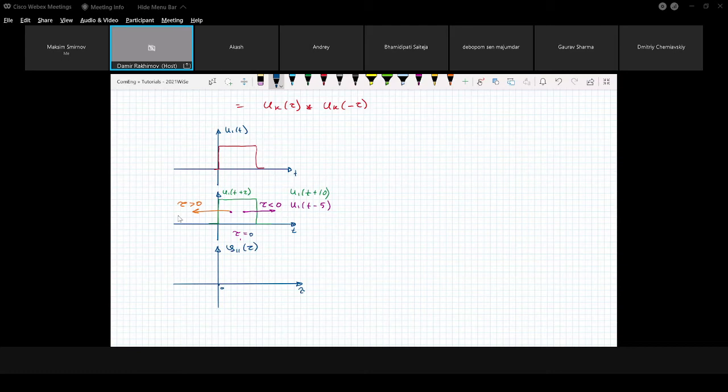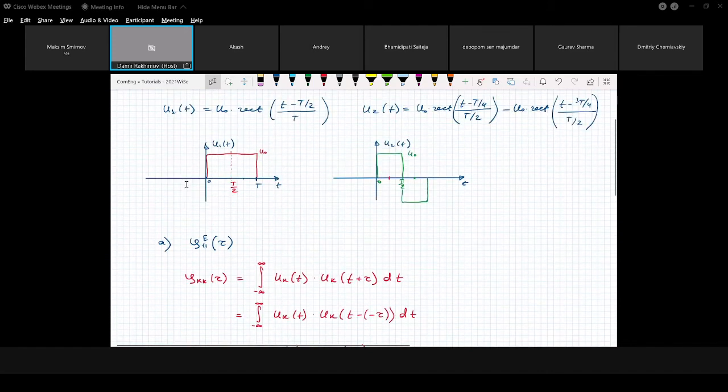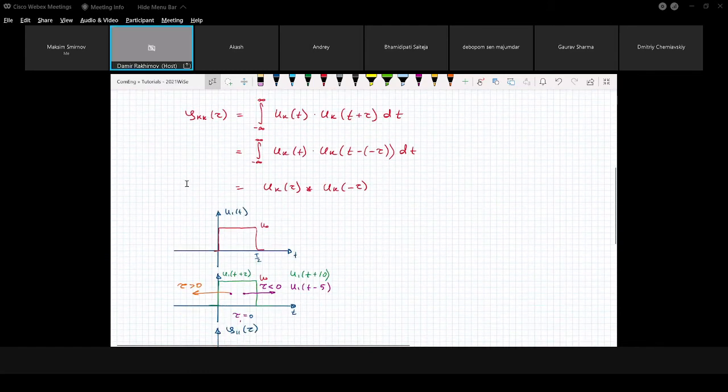And what will be the result of the integral in this case? I also have to specify amplitudes for u0 and u0, and the duration is t/2, if I'm not mistaken. No, it's not t/2, it's T. Thank you.